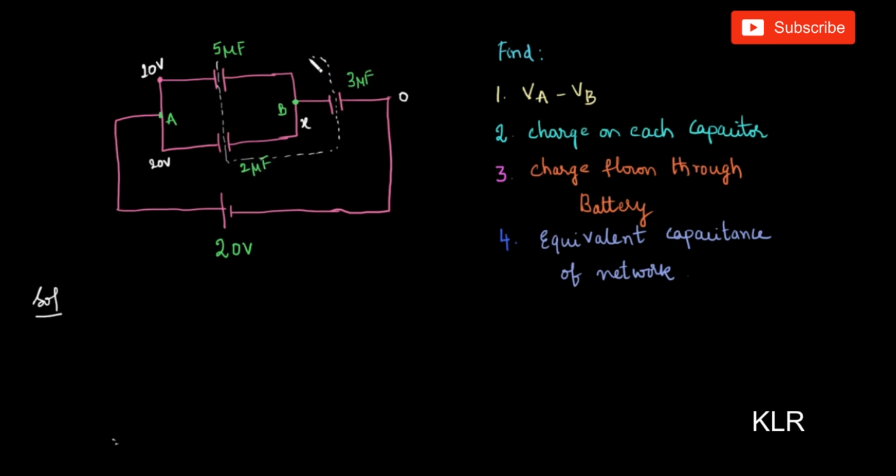For this isolated system, apply the junction rule at B. The potential there we are calling X. Now let us take the charges as Q1, Q2, and Q3.